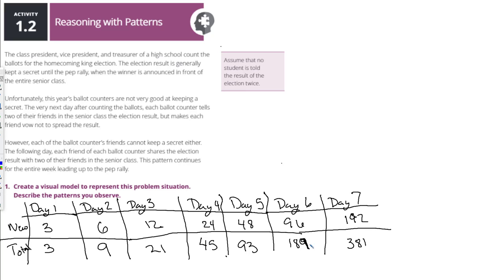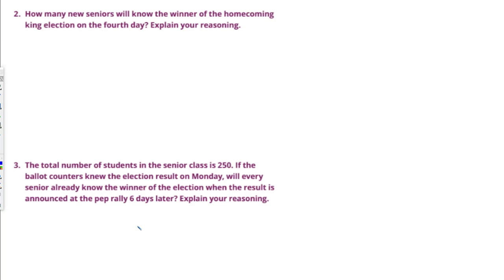And so we're at 189 on day 6, right? And this is going with question number 3, by the way. On the 7th day, if we were to go farther out, then you would actually get there.